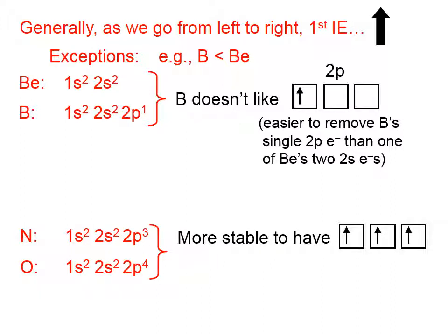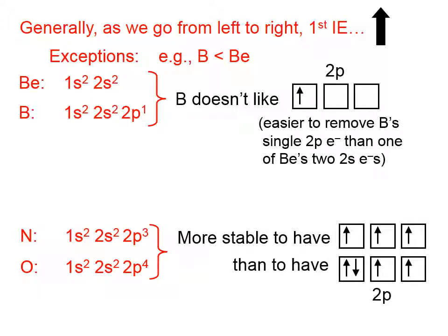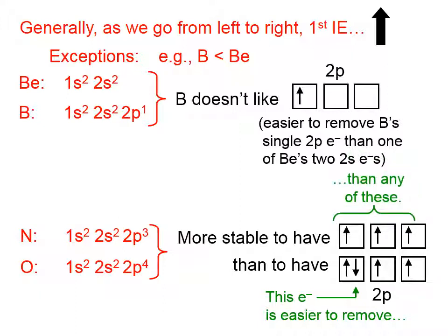If we were to draw out an orbital diagram for nitrogen, we would see that the 2p orbitals would go up, up, up, 3 electrons in the 2p orbitals. For oxygen, we would have to go up, up, up, down. That's 4 electrons in the 2p orbitals, and it's much easier to remove that electron than it is any of these.